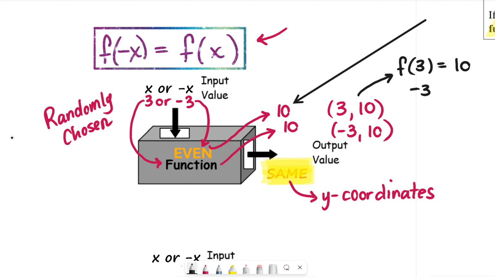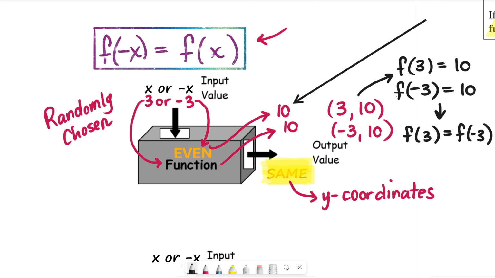And if I take a negative 3 and I put it into my function, I'm also going to get a 10. Well, if f of 3 is 10 and f of negative 3 is 10, isn't it safe to say that f of 3 is equal to f of negative 3?